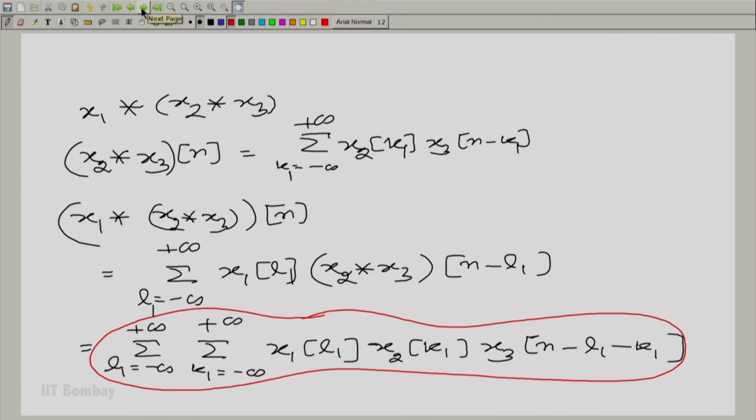Now, essentially what we are going to do in proving associativity is to make this correspondence, and for the discrete case there is no problem. We will have no difficulty in making the correspondence and then transforming the double summation in such a way that we make the summations look the same.